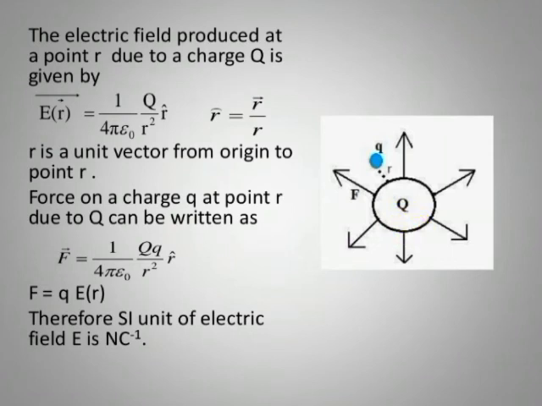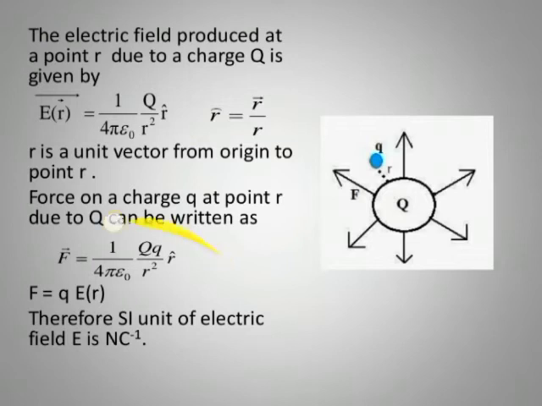Because this charge is producing the electric field, and the test charge small q doesn't come into the picture and is not included in this formula. So E is equal to 1 divided by 4 pi epsilon naught, capital Q divided by r square, r cap, which gives the direction in which the electric fields are radiated.